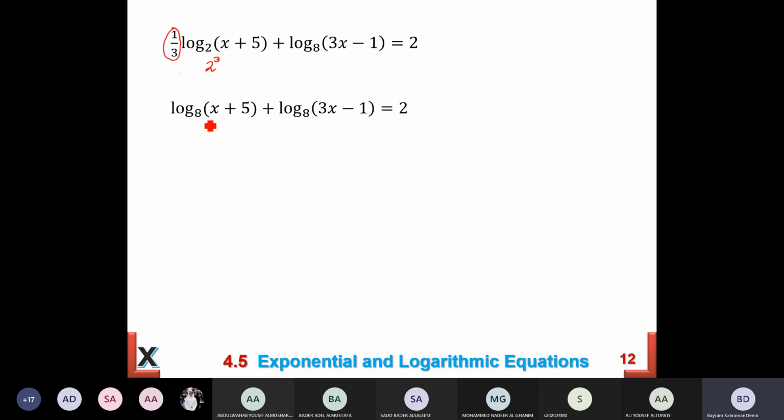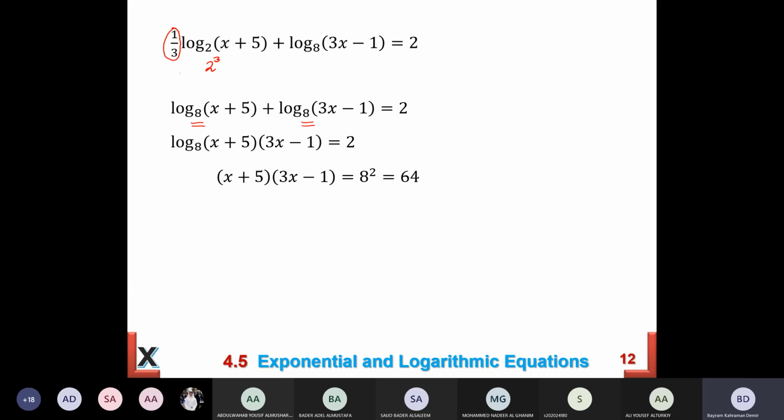So we got the same base 8 here and here. You see that? Now the rest is easy, of course, because we will just multiply the arguments of these two logarithms. And after that, we have to switch to exponential expression.